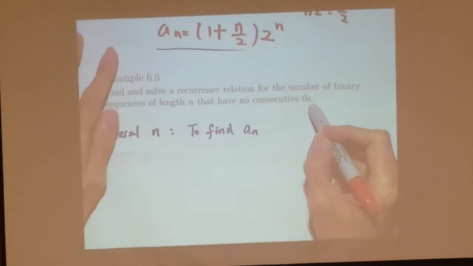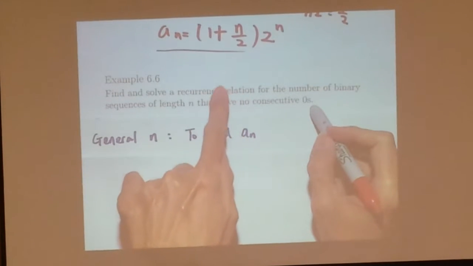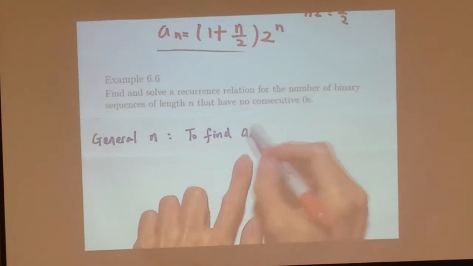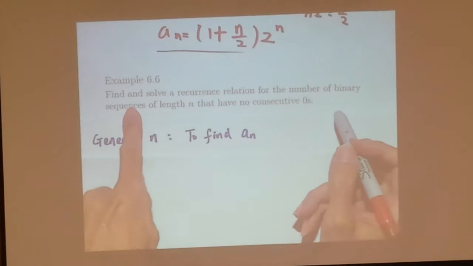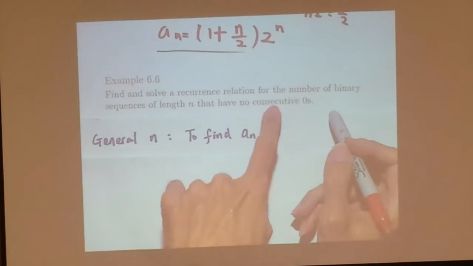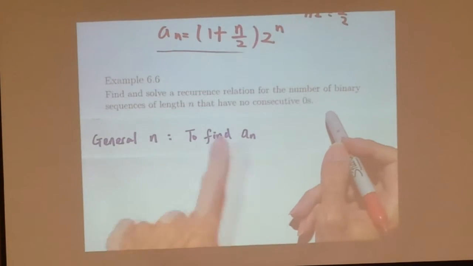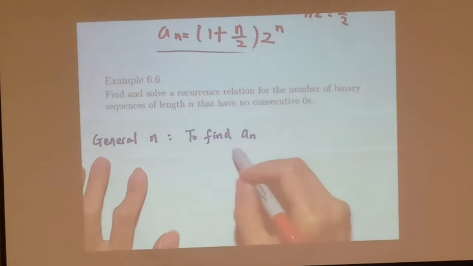So when you try to solve a problem using a recurrence relation, you must define An. So An is the number of binary sequences of length n that has no consecutive zero. So you should define An.